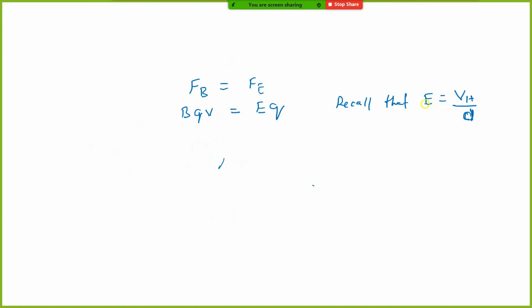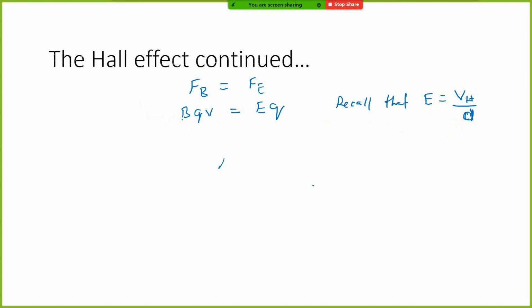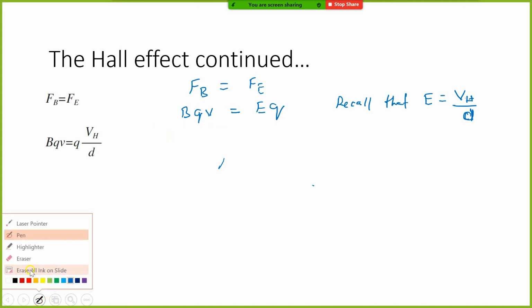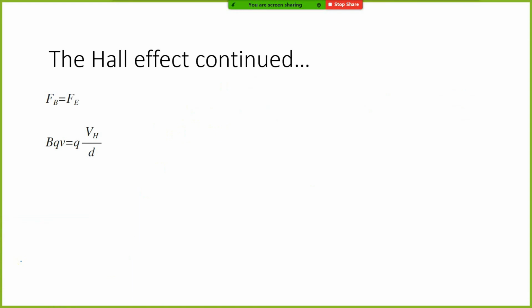So we can replace this to say that E is equal to the Hall's voltage divided by D. Let me just erase this because there are more things coming out on the screen there.